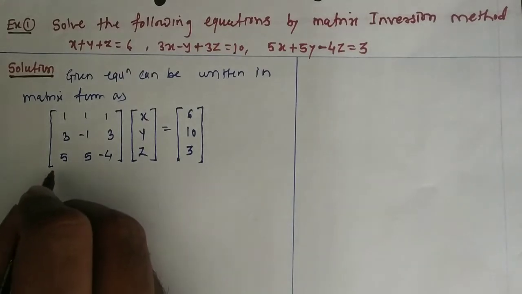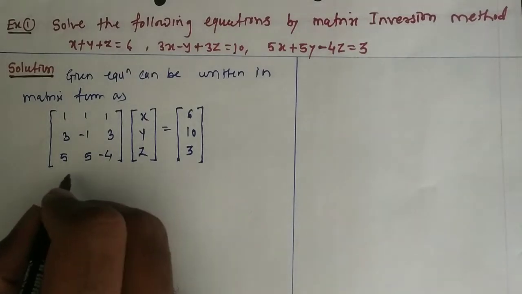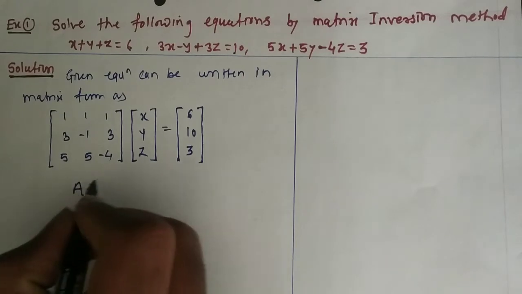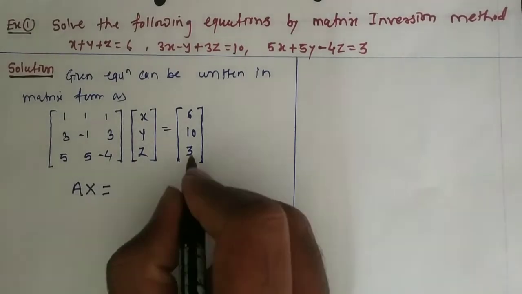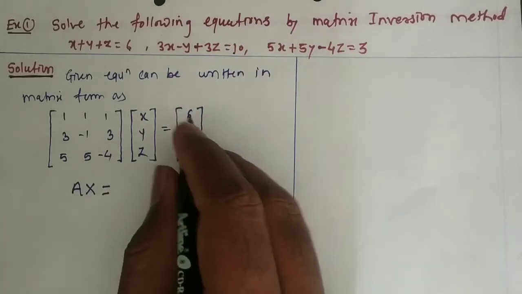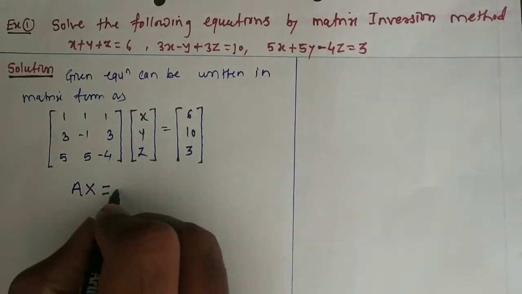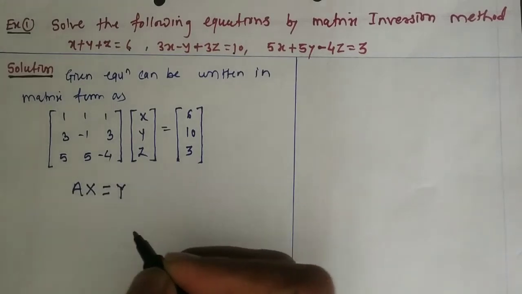Now consider this, suppose this matrix is A, and this x, y, z I will denote as capital X, and this right hand side column matrix can be written as suppose some Y variable.